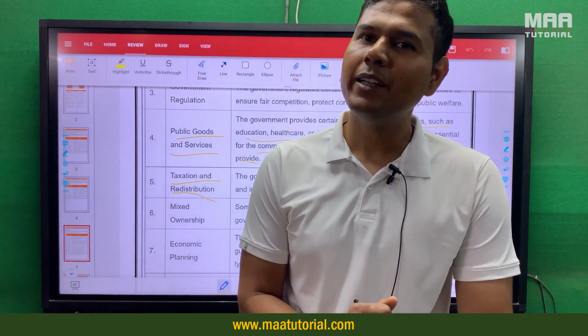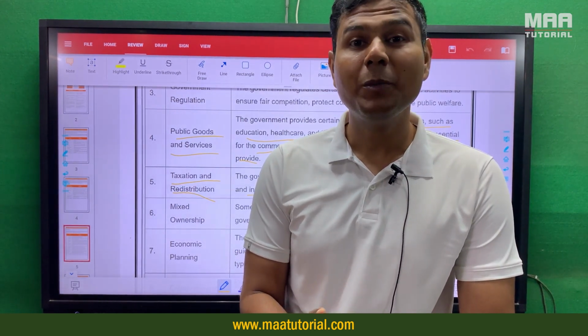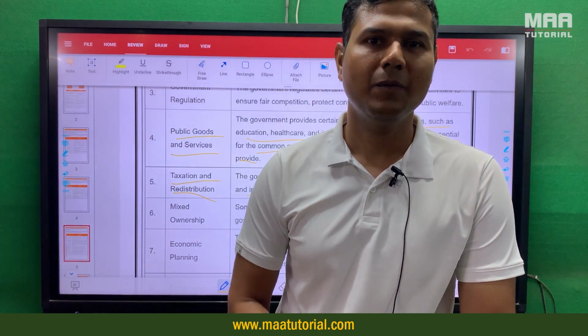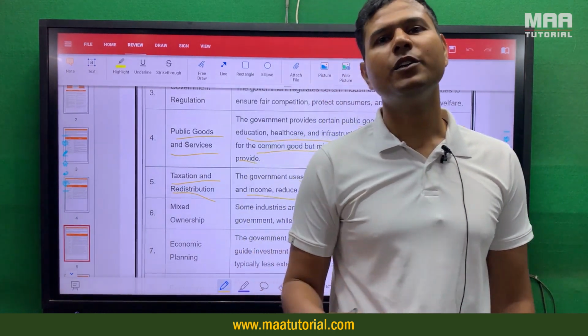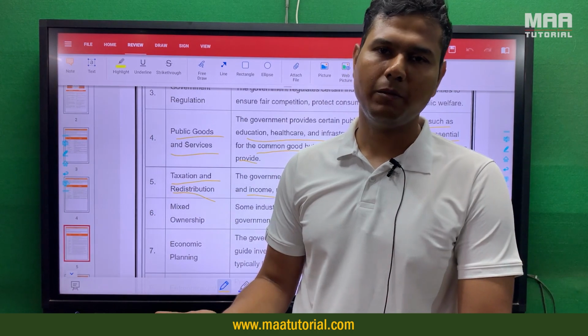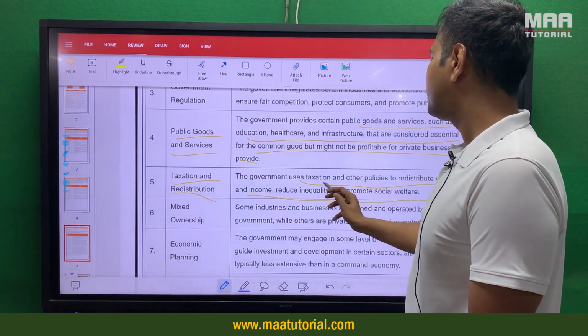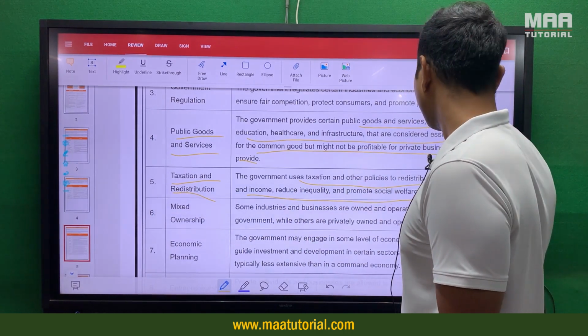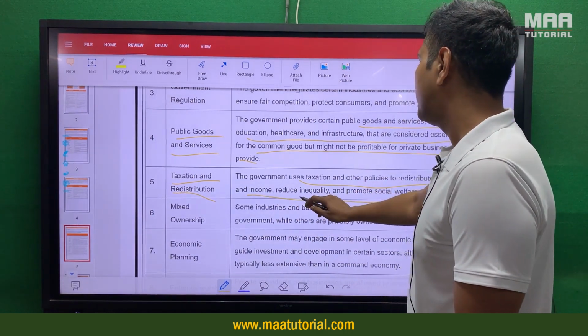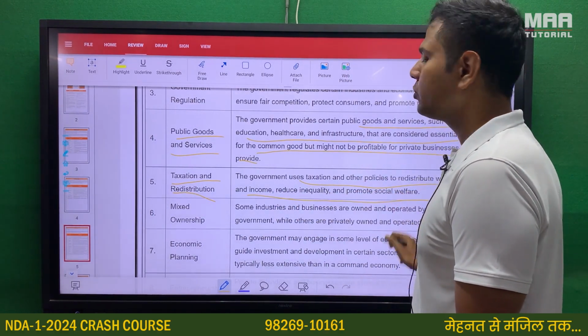Now the government is providing them at a very cheap price, so now they would have 1000 rupees extra. They can use this 1000 rupees for other required items, right? So that's where government does redistribution of wealth and income, reduces inequality, promotes social welfare.